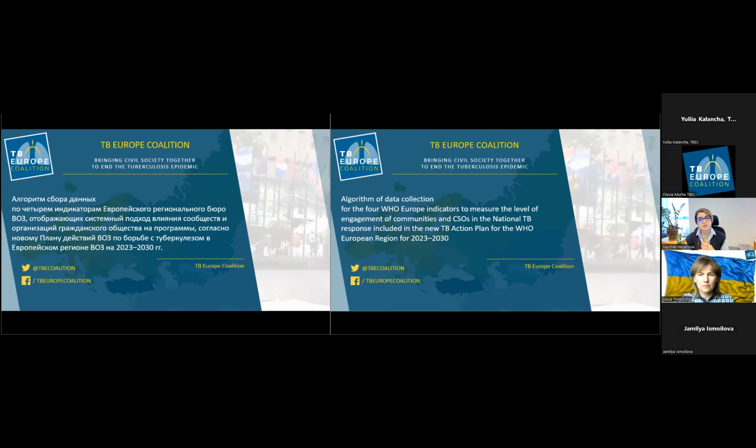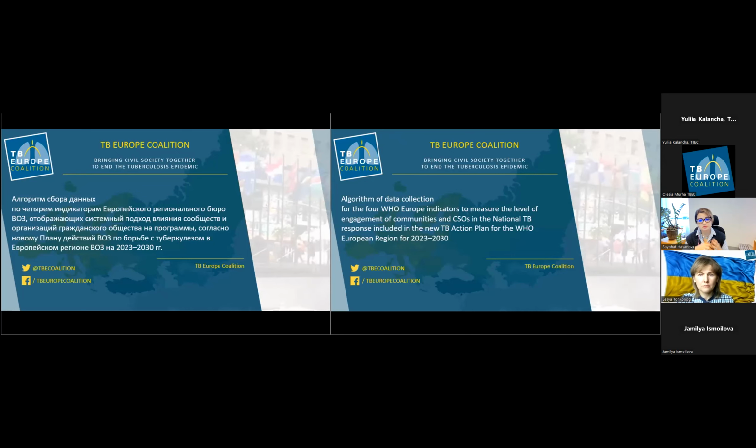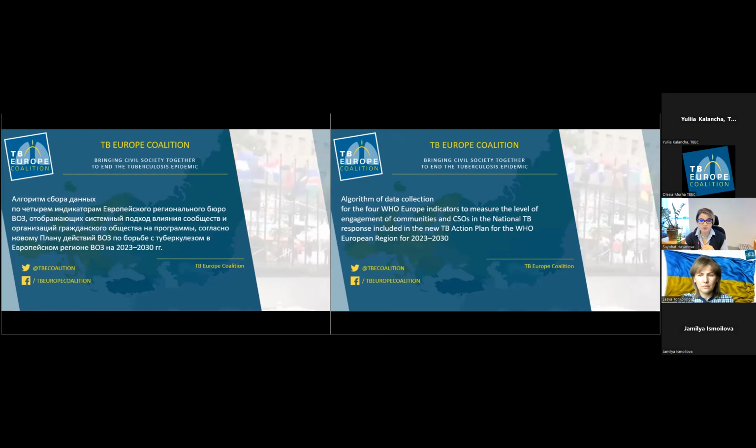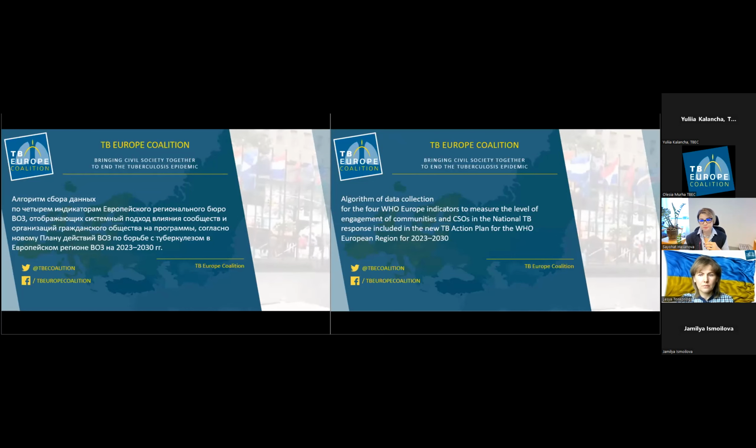Based on global report data, even though currently the process of CSO involvement is being activated everywhere, including our region, it is not yet well reflected in the reports.